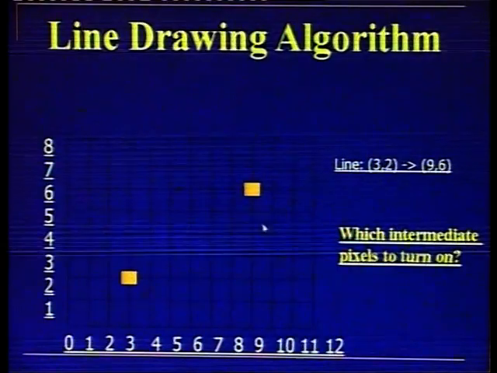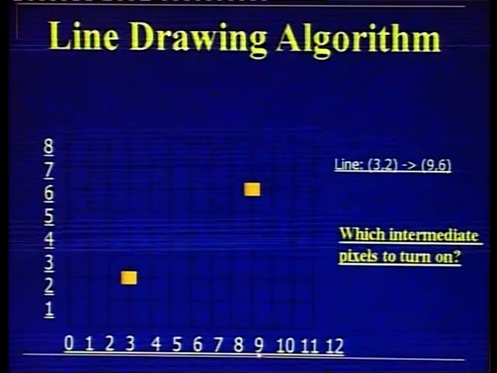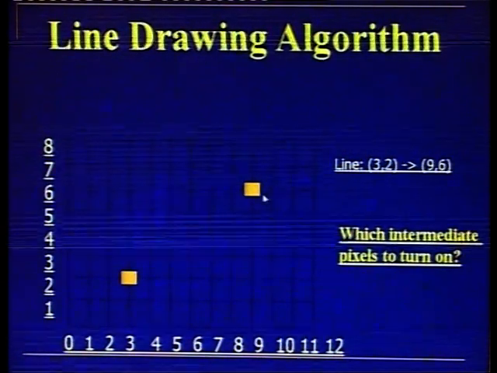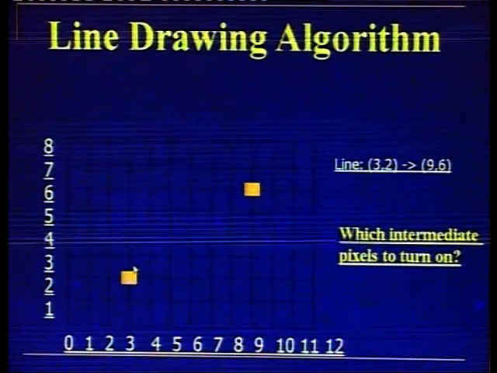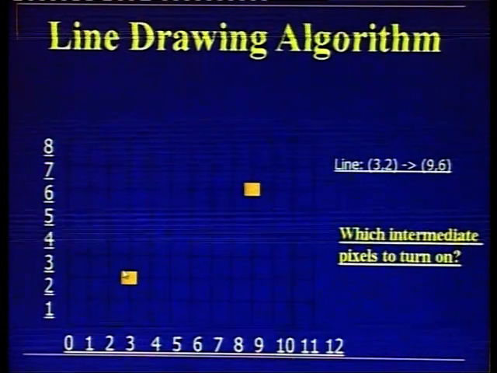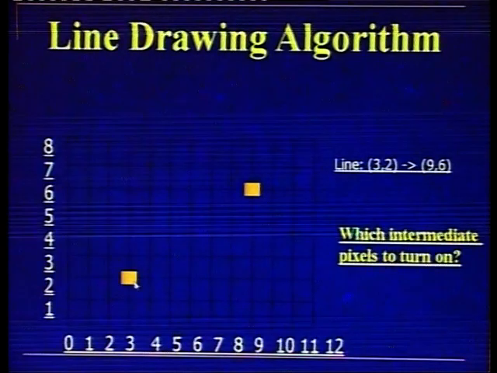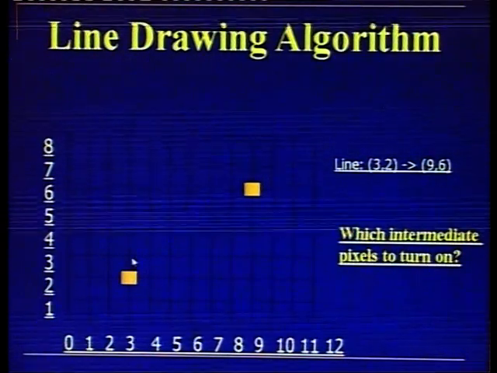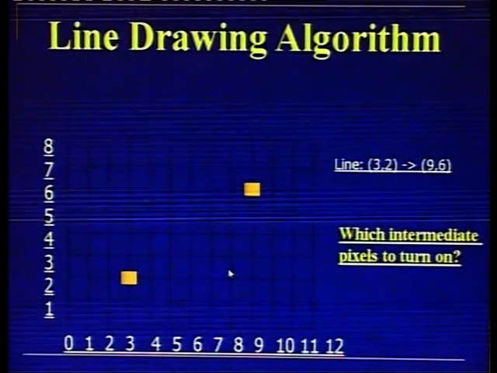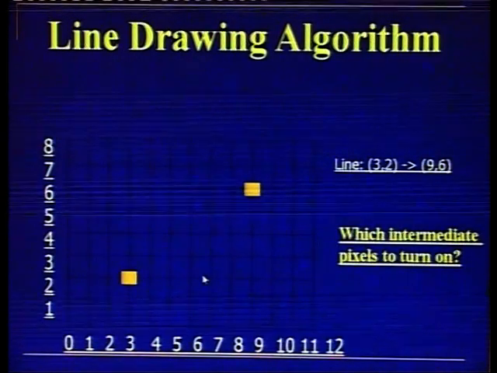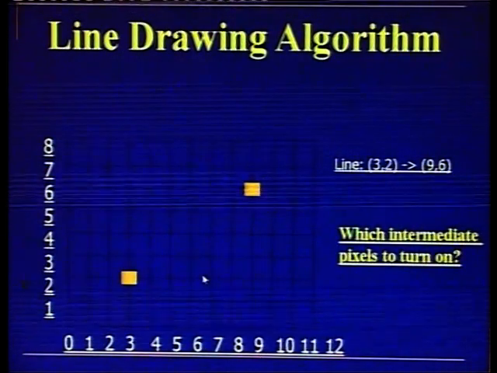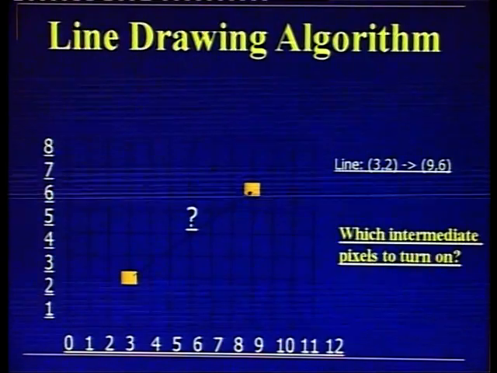This is the first pixel and the last pixel has 9 as the x coordinate and 6 as the y coordinate. We are to define which intermediate pixels between these 2 points will be turned on and which will be turned off, so that the line appears straight and has the other qualities I have mentioned earlier.